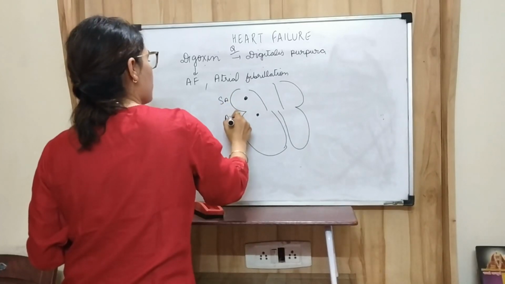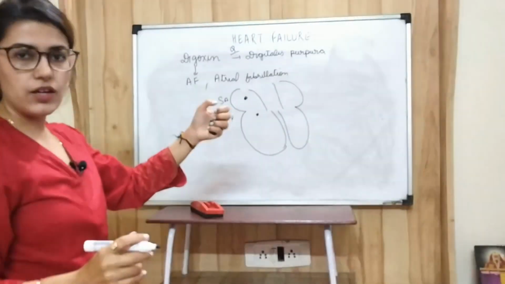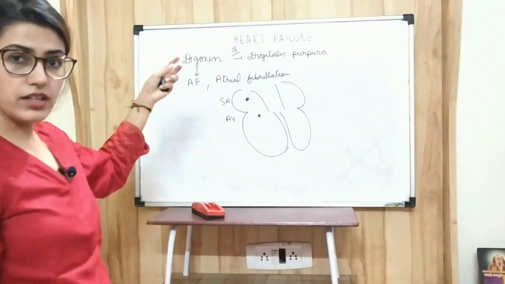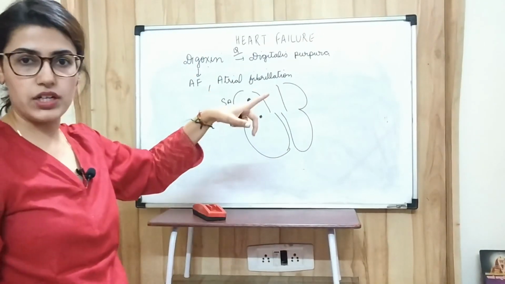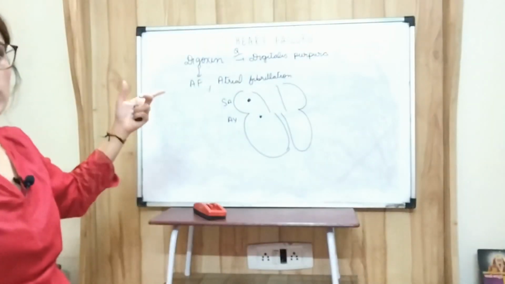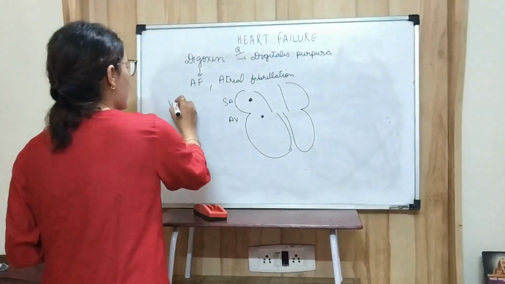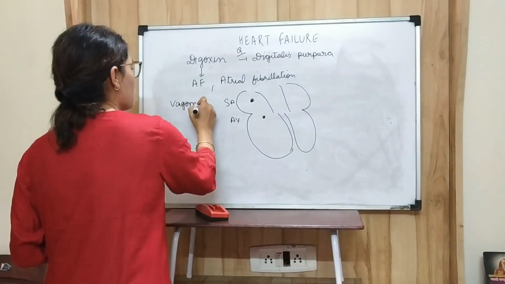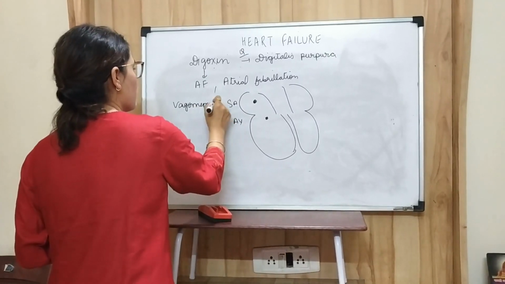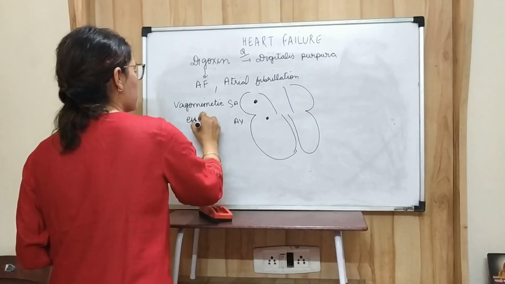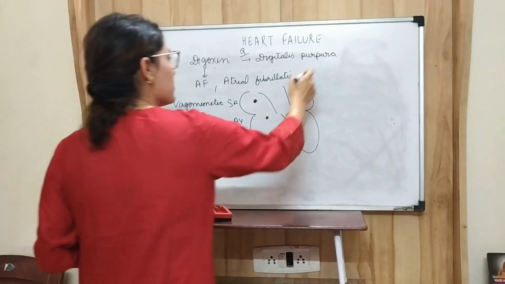Here is the AV node. Now the contractility was increased when digoxin was given in heart failure. When we have to use digoxin in atrial flutter and fibrillation, its vagomimetic effects come into play. Vagomimetic effect. Now what happens?